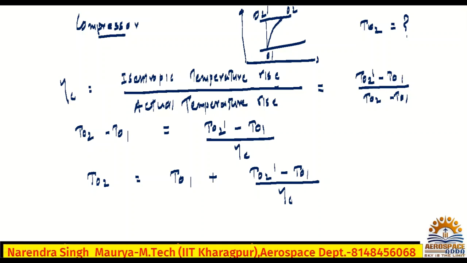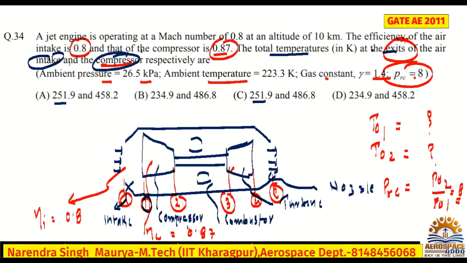How to calculate this isentropic temperature rise? For that reason, they have given the pressure ratio. Pressure ratio they have given to us, so we can relate that.